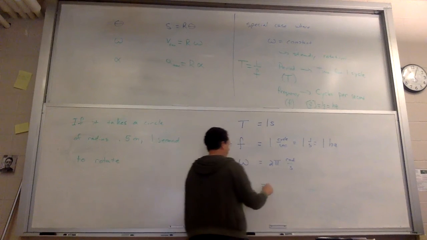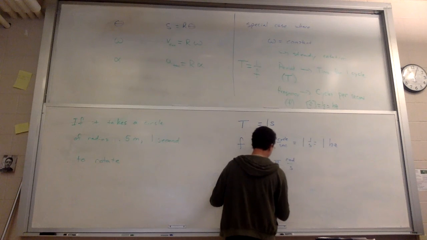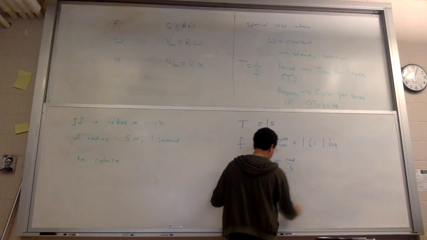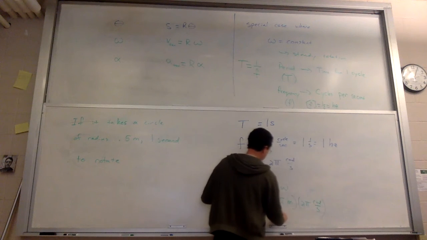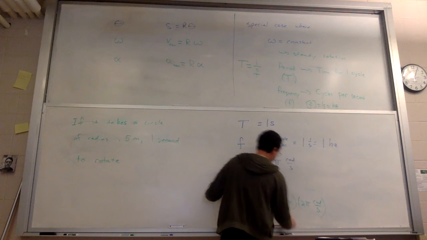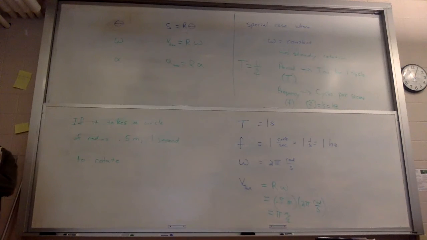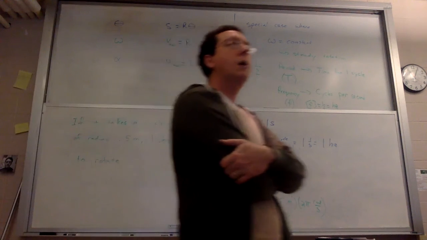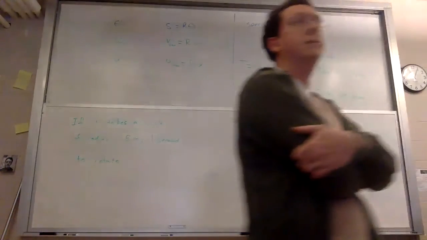So the tangential velocity is R omega, you plug in numbers, and you get 0.5 meters times 2 pi radians per second. You get pi meters per second. Okay. Give me a thumbs up if you think you understand how to do that. Yes? All right.